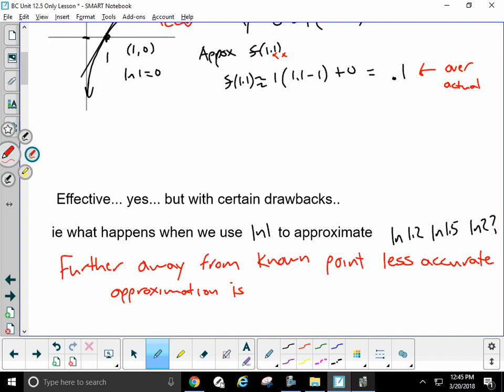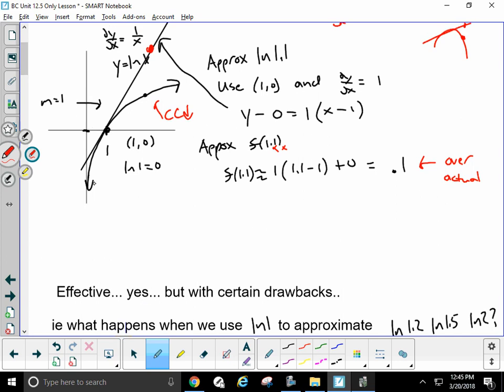Also, concavity plays an important role. The log function is actually concave down, but it's a very slow growing function, and very quickly it starts to flatten out. It will always grow, but the concavity is very slow.